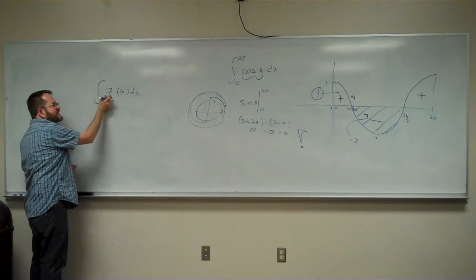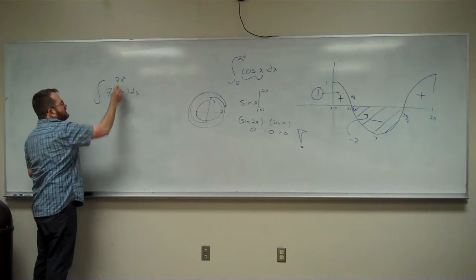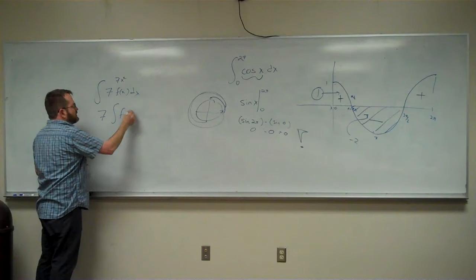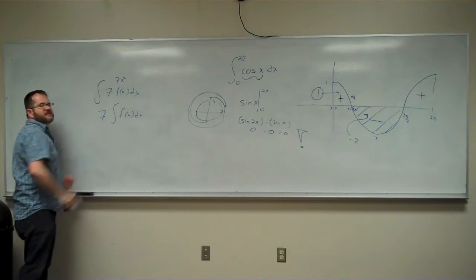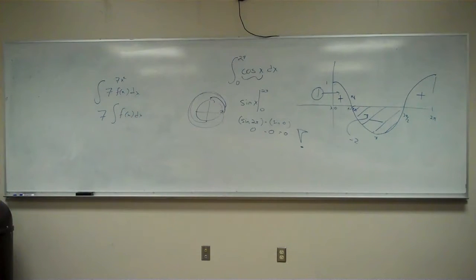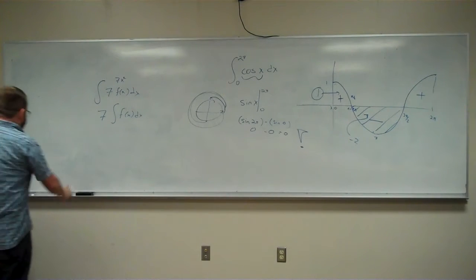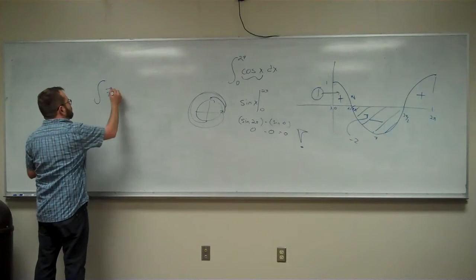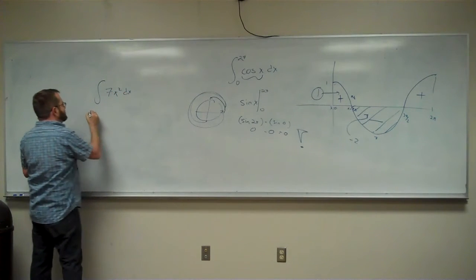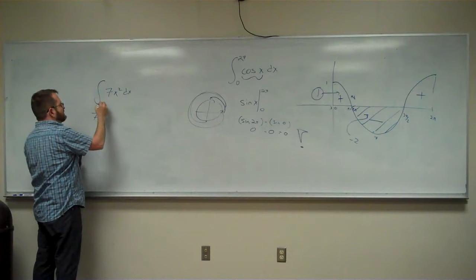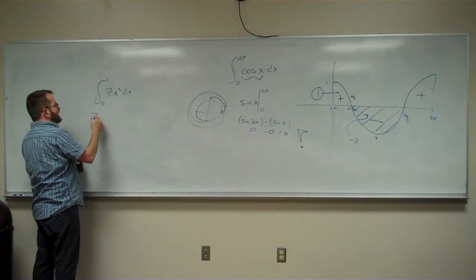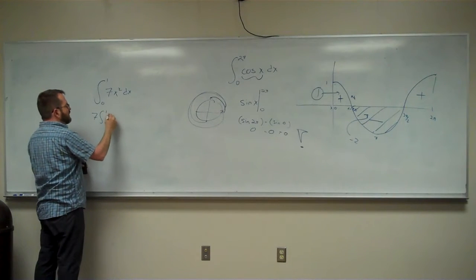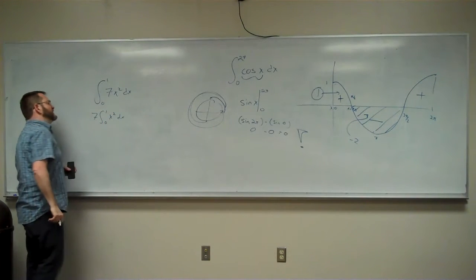Anytime you have some kind of constant, you can always pull the constant out in front and then just evaluate the integral of the piece that's left. So for example, if our integral was 7x squared dx, let's put some limits on here, 0 to 1, that's 7 times the integral from 0 to 1 of x squared dx.